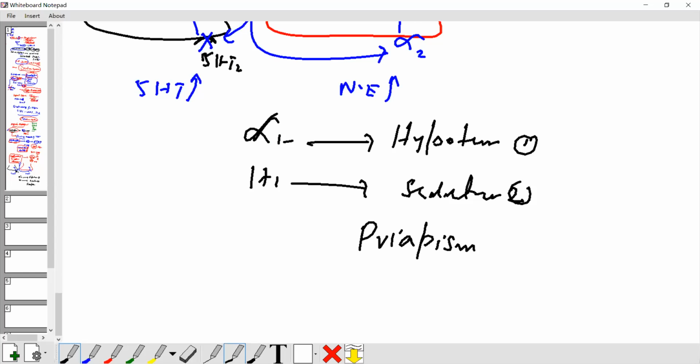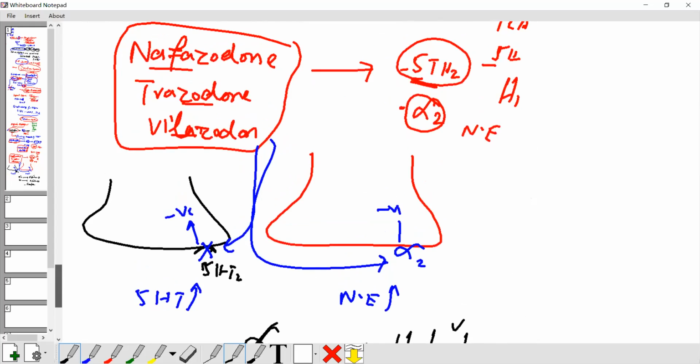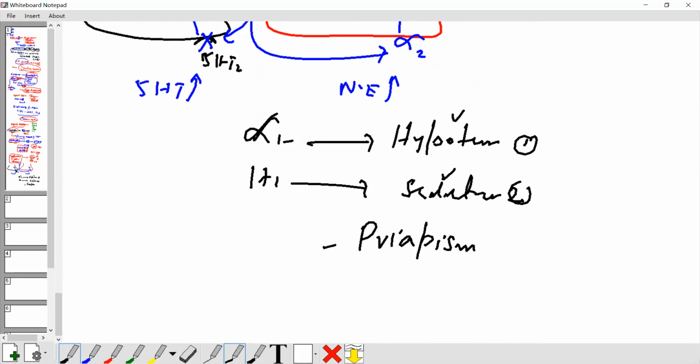Priapism is a painful erection. Priapism occurs in males only. Okay, very painful. Priapism, hypotension, sedation, these are the main side effects. Nefazodone, trazodone. So why are we not using these drugs? If you want to use them for depression, we can, but we need to use a high dose compared to other antidepressants.